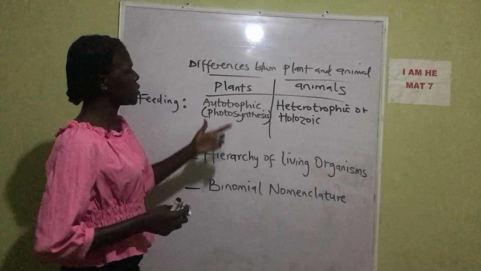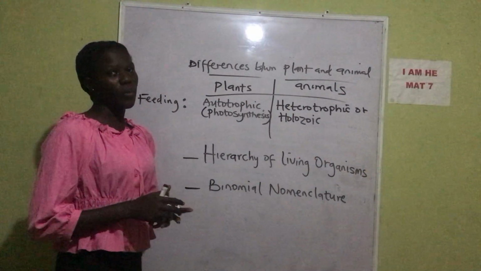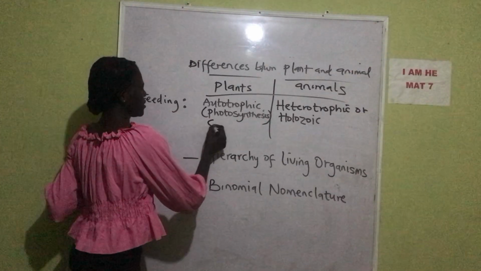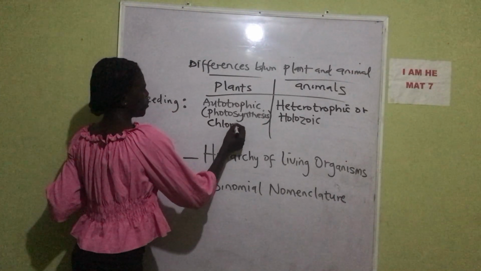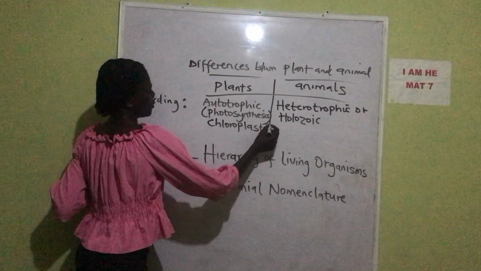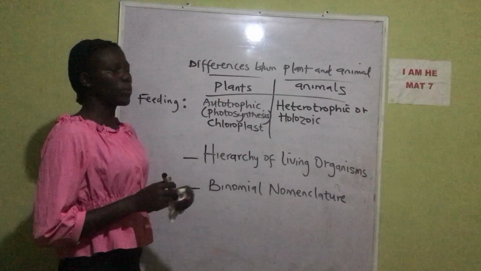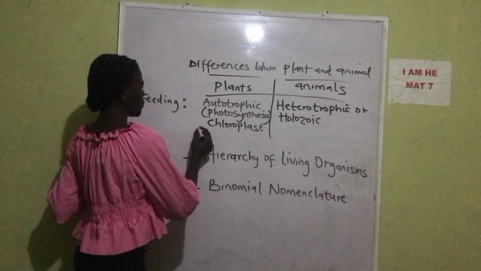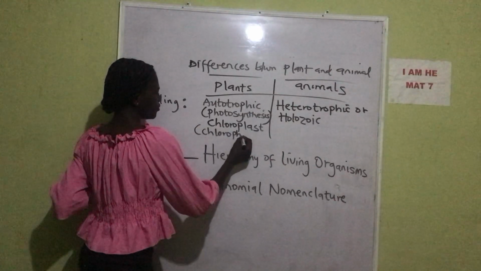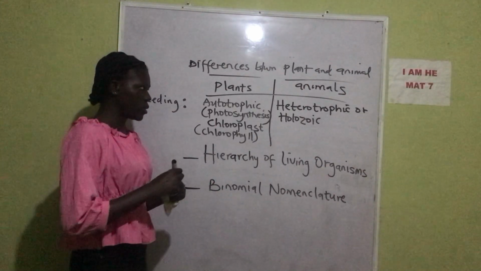The word auto means self, so plants are autotrophic in nature because they have certain features: they have chloroplasts, and with the help of the chloroplasts, they make chlorophyll.